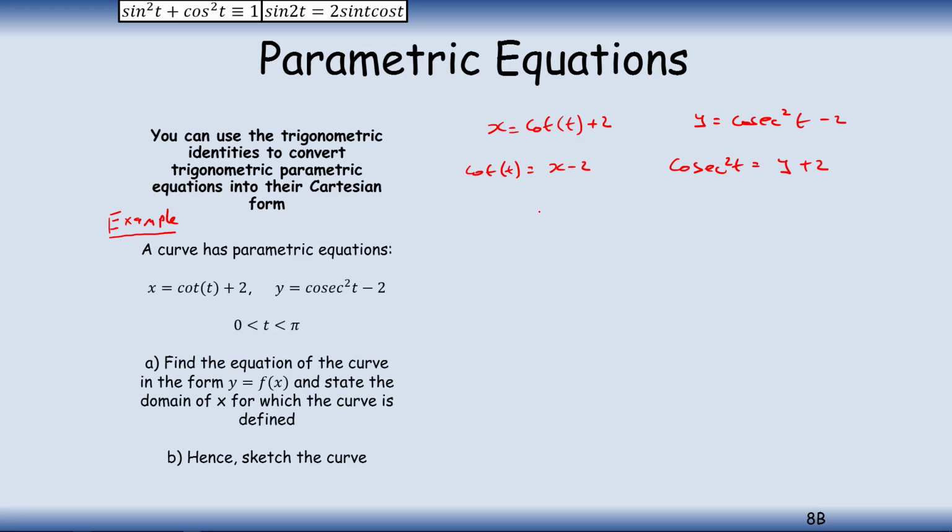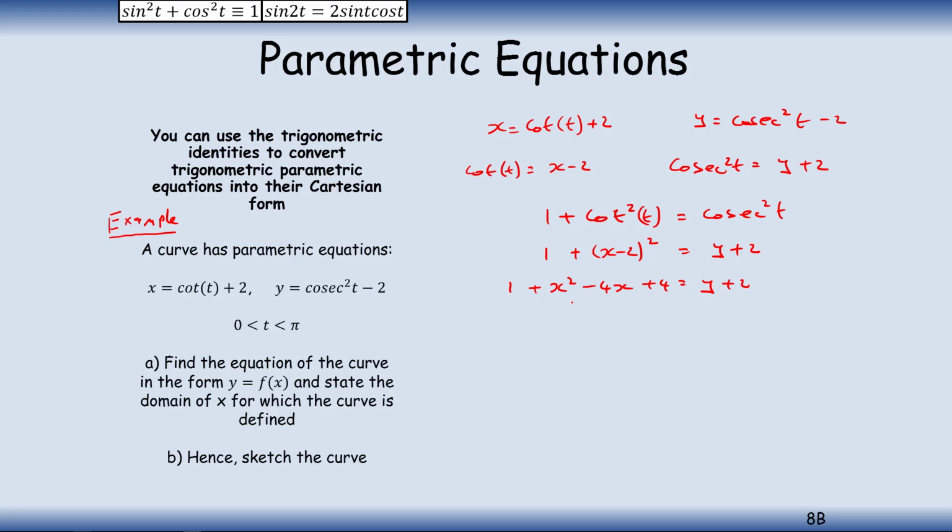Do I know something about cot and cosec? I think so. I think 1 plus cot squared t is equal to cosec squared t. So if I substitute for cot and cosec, I've got 1 plus (x minus 2) squared, which is equal to y plus 2. Expand and simplify: 1 plus x squared minus 4x plus 4 is equal to y plus 2.